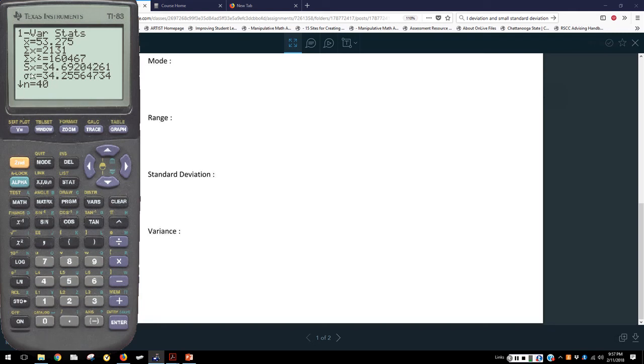And in this case, it's okay to round off your standard deviation. If you are not told otherwise, you want to round your standard deviation off to 2 decimal places more than your raw data.